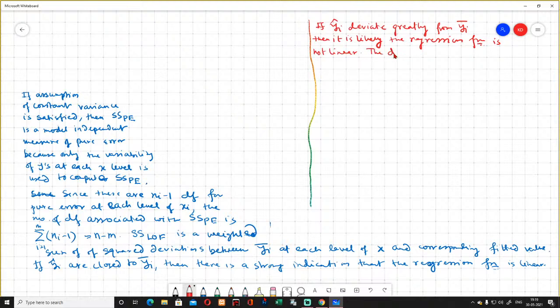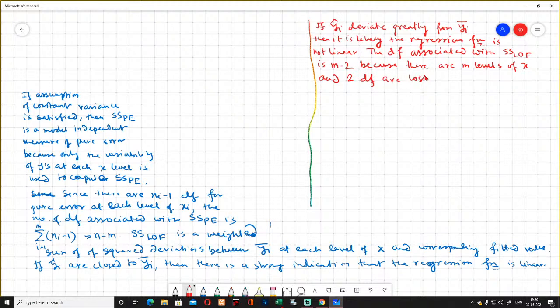The degrees of freedom associated with SS due to lack of fit is m minus 2, because there are m levels of x and 2 degrees of freedom are lost due to two parameters.